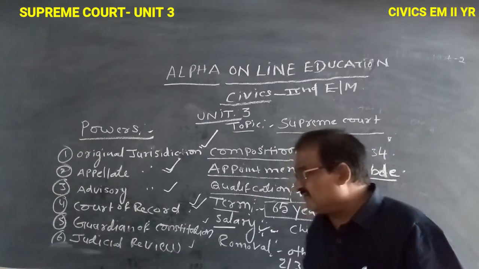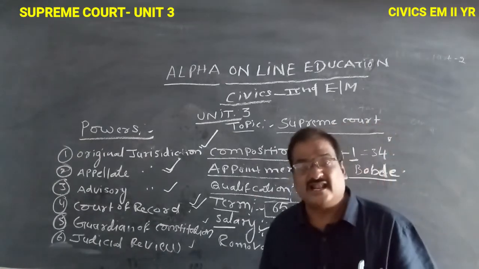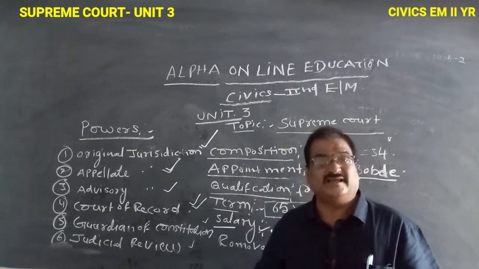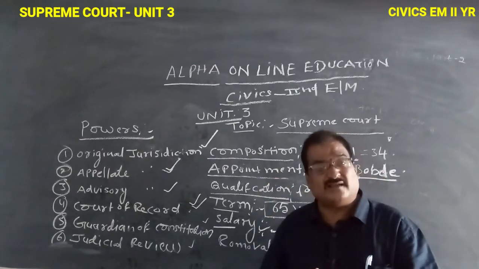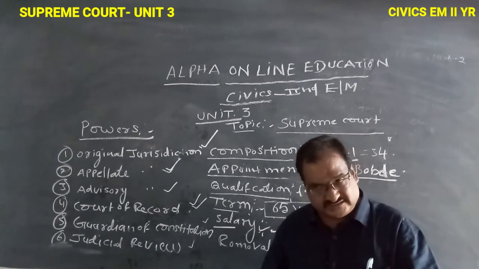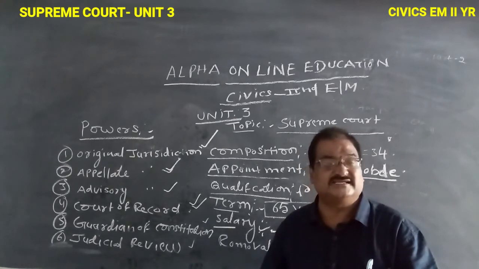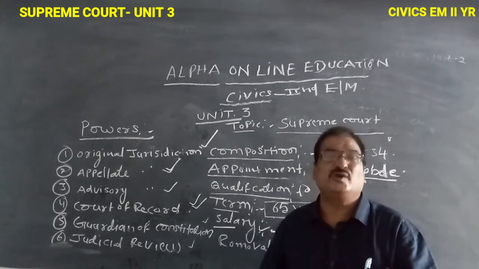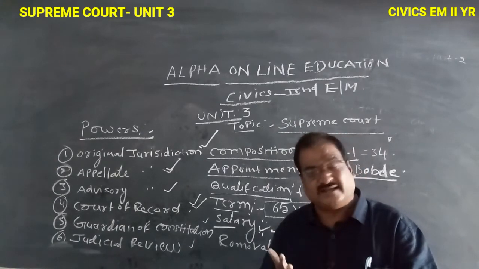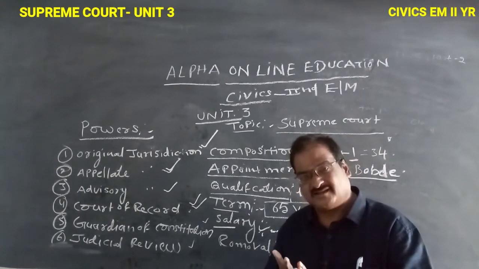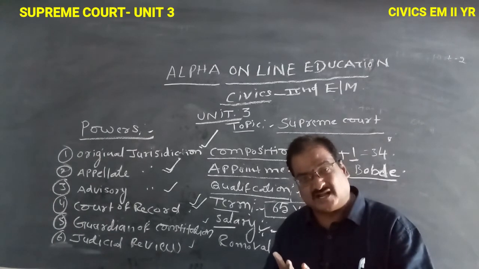Here the final one is judicial review. Who makes the laws? The Department of Legislature makes laws. Who implements the laws? The Department of Executives implements the laws. At the time of making and implementation, they may not give priority to judicial items.